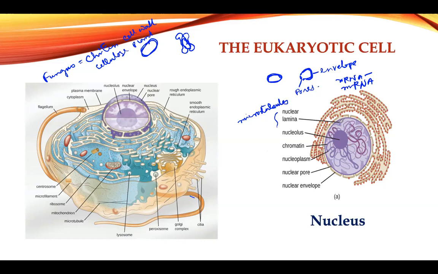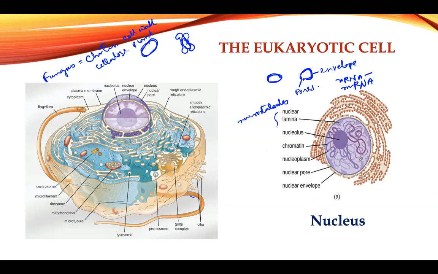The function of the nuclear lamina is to give the shape of the nucleus. It provides rigidity, an endoskeleton structure, you can say. So that's the purpose of the nuclear lamina.